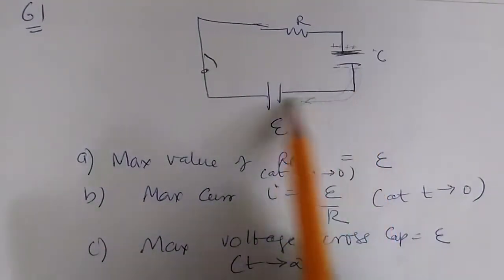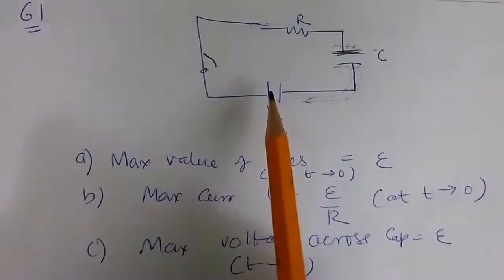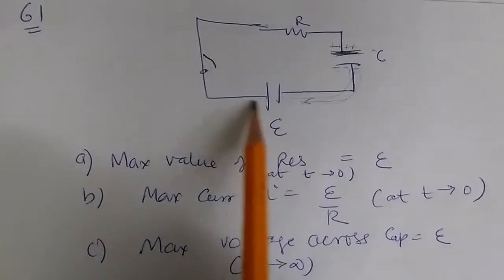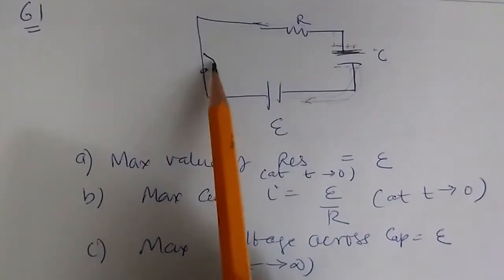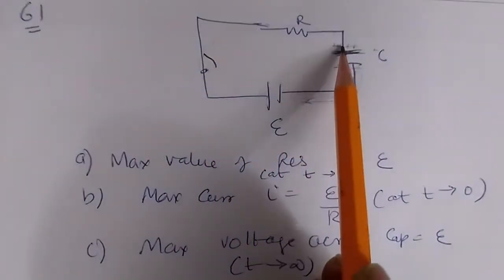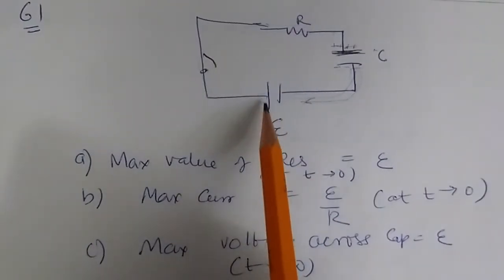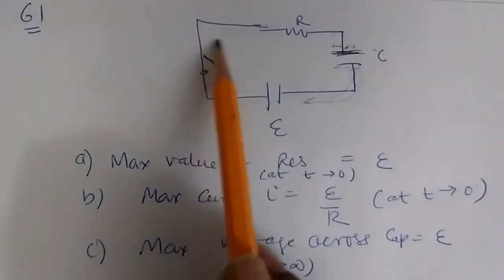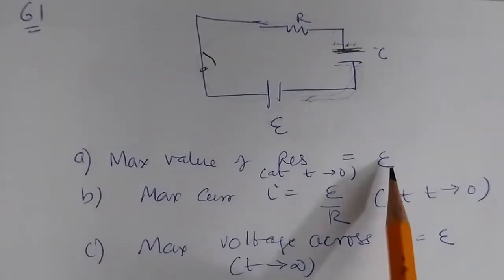In other words, the current also flows in this direction. So initially the current flows in this direction, and right after the switch is closed, this particular point is at 0 voltage and this particular point is at epsilon voltage, and therefore the maximum voltage on this resistance for that moment of time is epsilon.